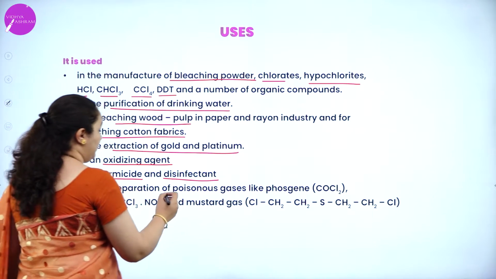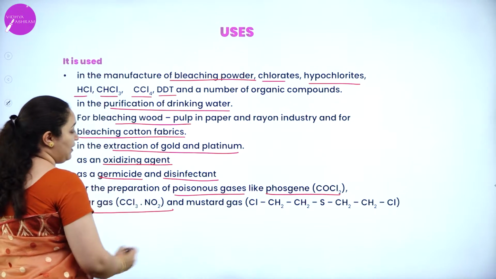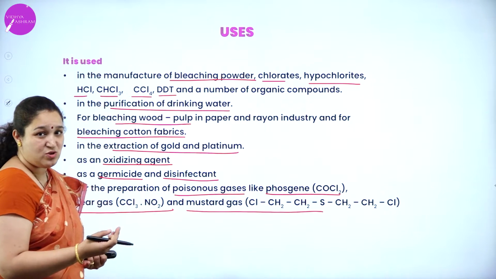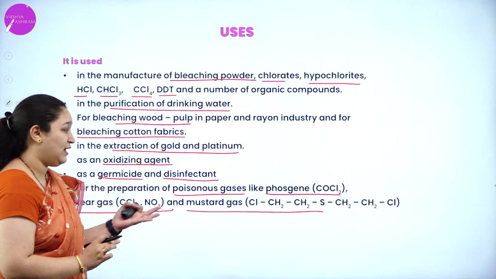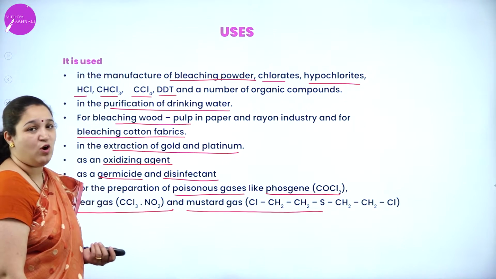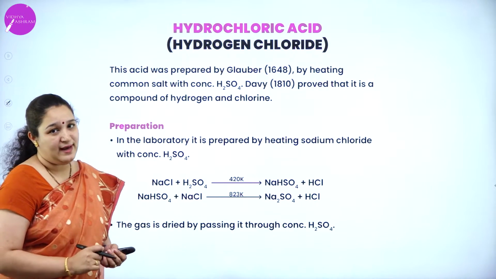Also, it is used in preparation of poisonous gases like phosgene, tear gas and mustard gas. Okay. So, poisonous gases also contain chlorine atoms, just like tear gas, phosgene and the mustard gas. Okay. So, these are some of the uses of chlorine. Next, we are going to study about hydrochloric acid.